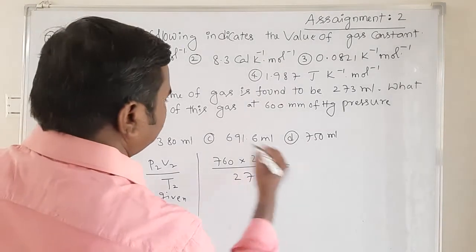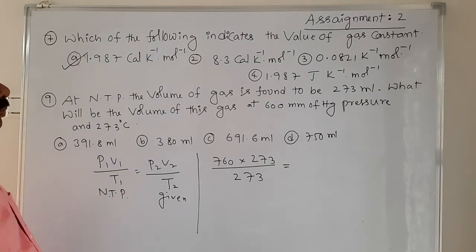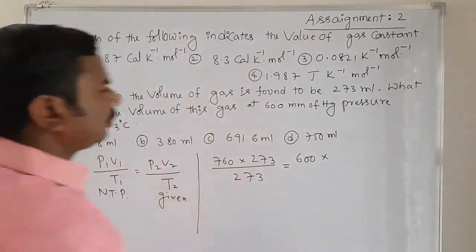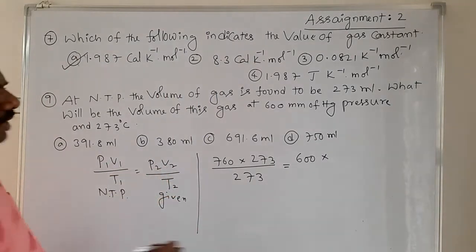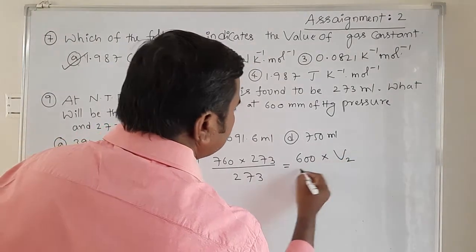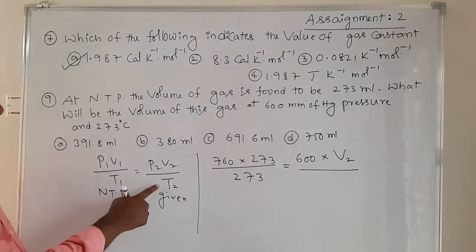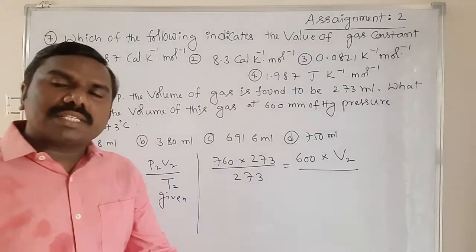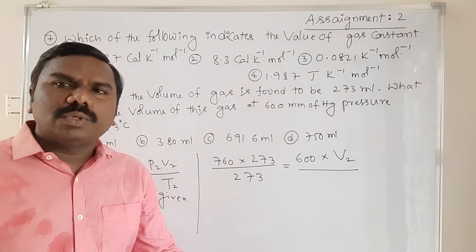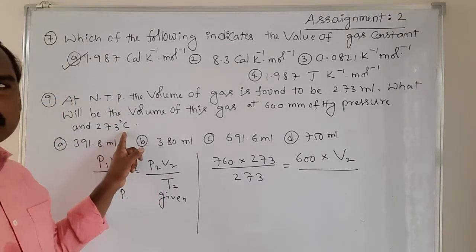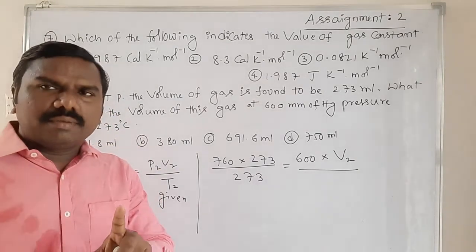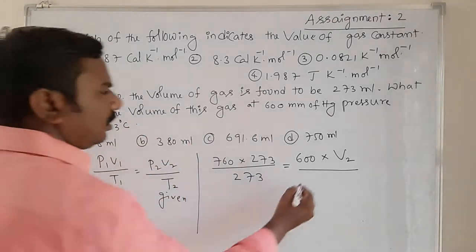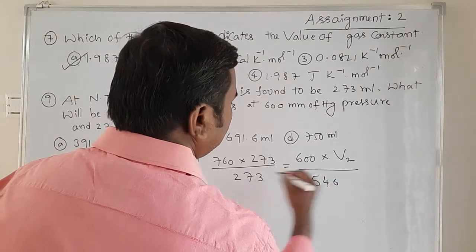It is equal to P2, 600 mm of Hg given, into V2, the volume that is required for us. Next, T2, the temperature given is 273 degrees Celsius, which must be converted into Kelvin. Plus 273. 273 plus 273 is 546 Kelvin.